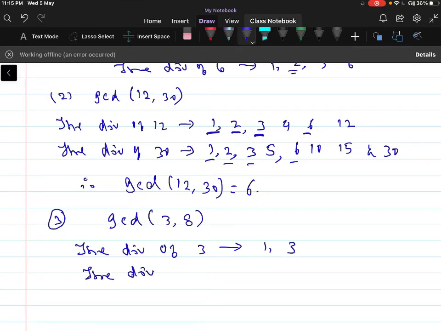The divisors of 8 are 1, 2, 4 and 8. Here, the common divisor of both 3 and 8 is 1, which is the greatest common divisor. So therefore, GCD of 3, 8 is equal to 1.